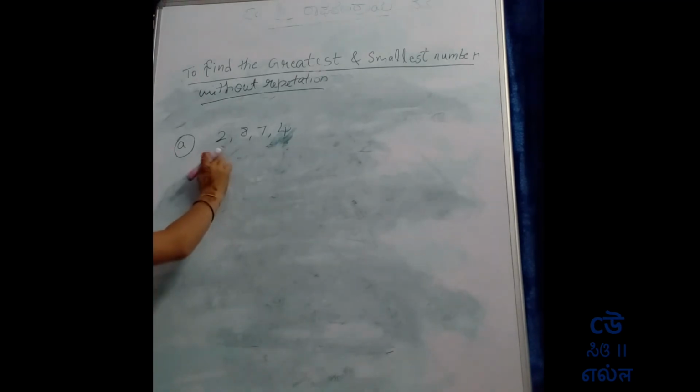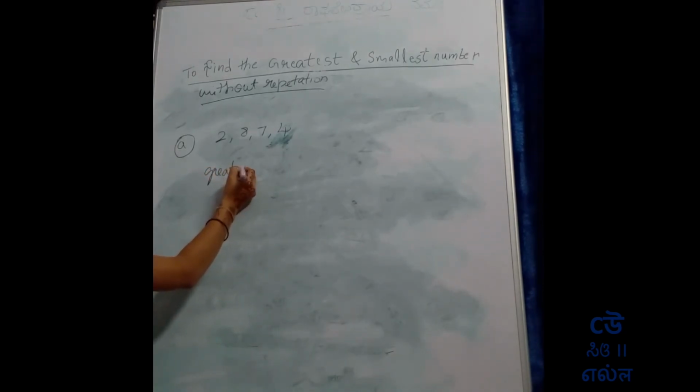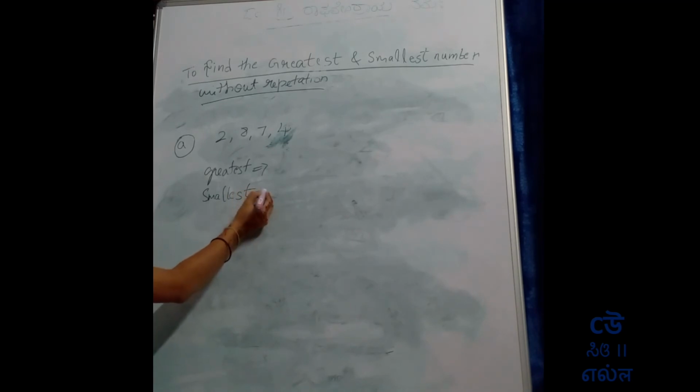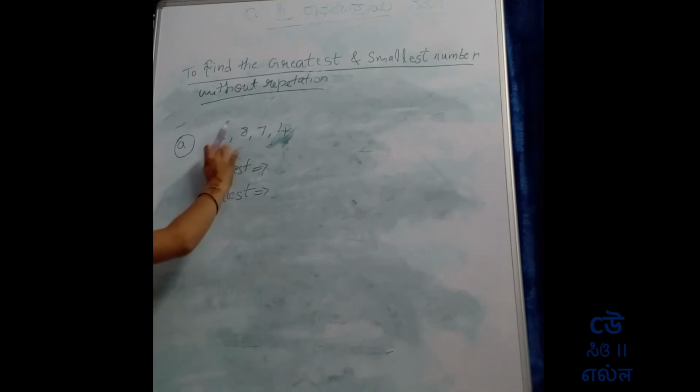Okay. So, in these 4, first we'll find the greatest. In these 4 digits, think which is the greater number. So 8 is the greatest number, no?